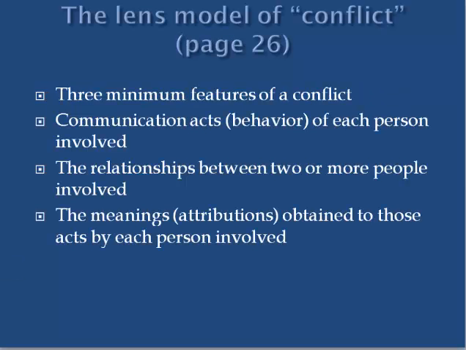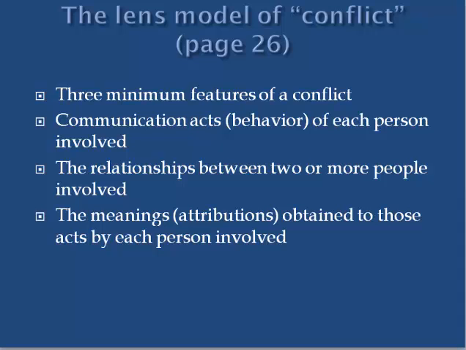The lens model of conflict has three minimum features. There has to be some sort of communication act between two or more individuals. What is the relationship of those two individuals? Are they friends? Are they strangers? That's going to change the way they view the behavior act.